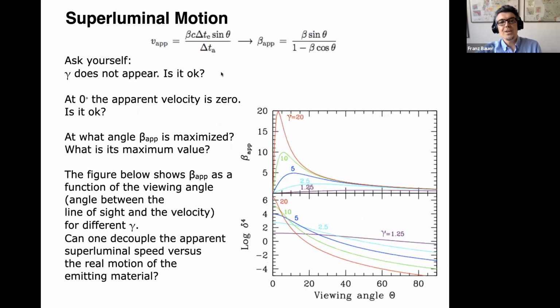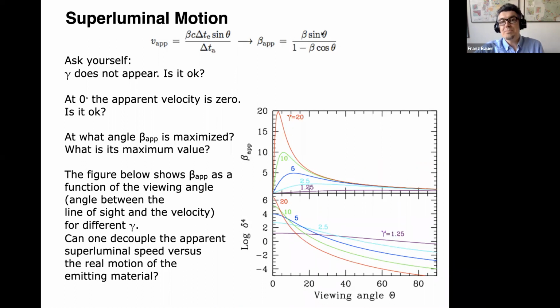Just to ask yourself, for one, in this equation, gamma doesn't appear. Is that okay? Is that reasonable? For the most part, it should be. It's mostly just that the gammas divide out.